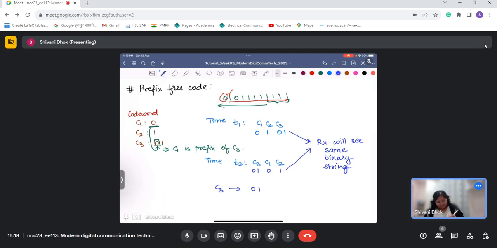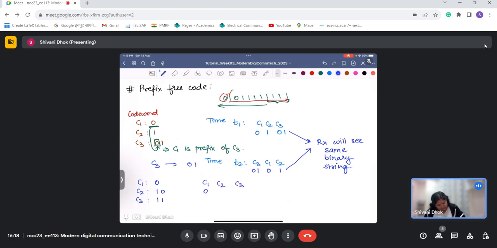So if I don't have such a situation, then I can easily decode what I am transmitting. For example, if I have a code where C1 is 0, C2 is 10, and C3 is 11. Now let's say I'm transmitting C1, C2, C3 again.